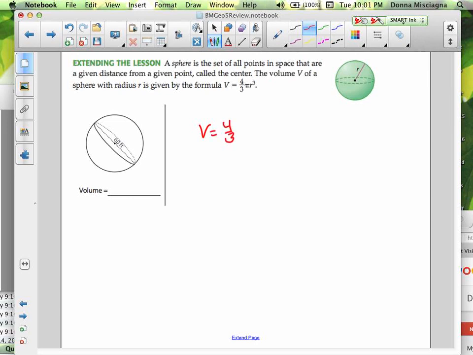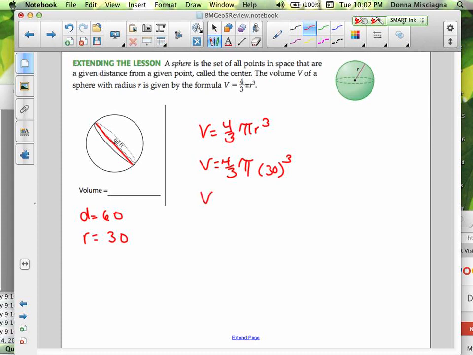4/3 pi r cubed. Right, so I don't know whether that 60 is supposed to be the diameter, but it looks like it because we see a line right there. This could have been just a little bit clearer, but so our diameter is 60, which means that our radius is half of that, or 30. So the volume is 4/3 times pi times 30 cubed.